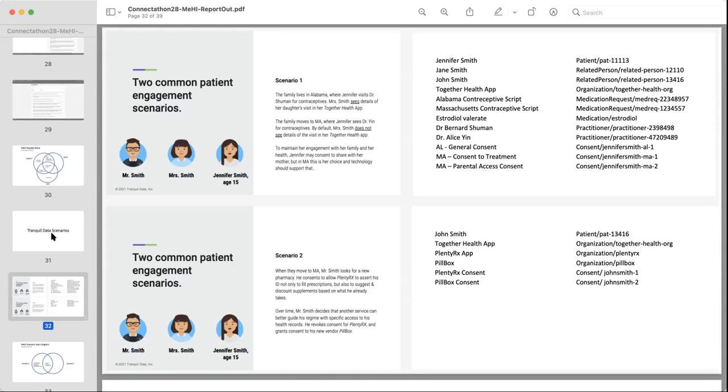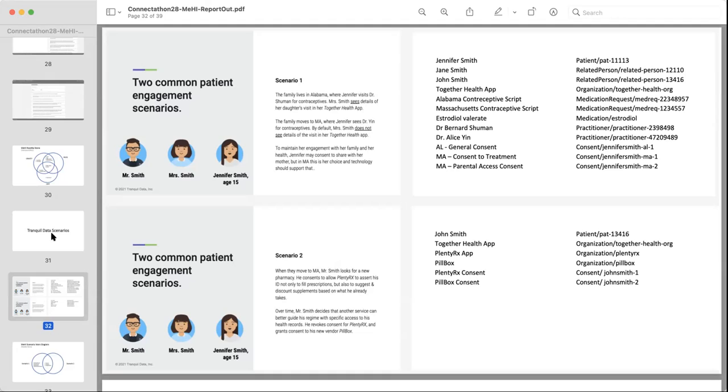And then the second scenario was about her father, who was using an online pharmacy fulfillment application, and granted access to one application, and then decided it didn't suit his needs and moved to a second application. And what does the revoking of consents look like?